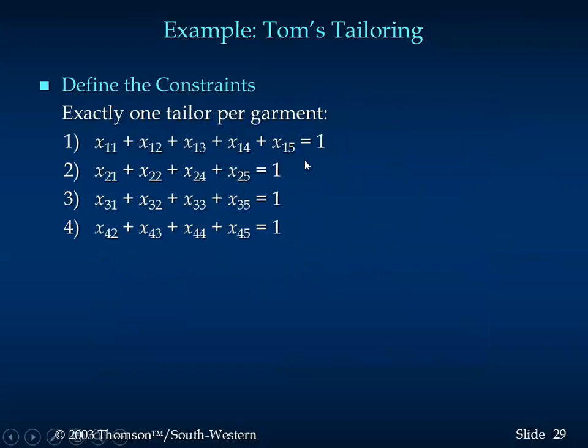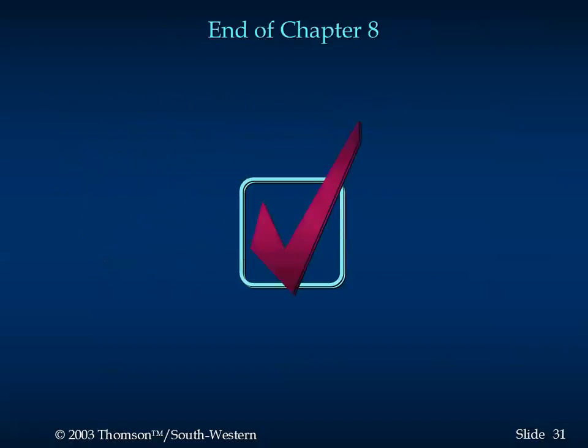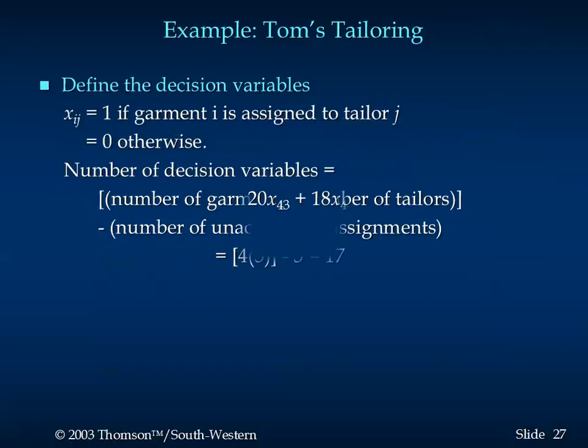For each garment row, the sum should be equal to 1. And notice x23 is made equal to 0, x34 is made equal to 0, and x41 is also made equal to 0. Those are not allowed, so those have been dropped. And then the tailor's constraints will be less than or equal to 1 because not all of them will be selected. Anyhow, they didn't solve it, so we'll solve it.